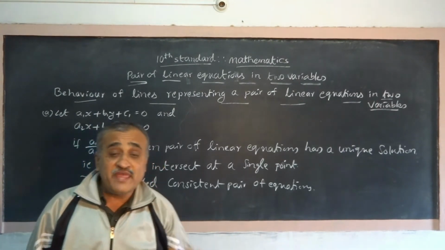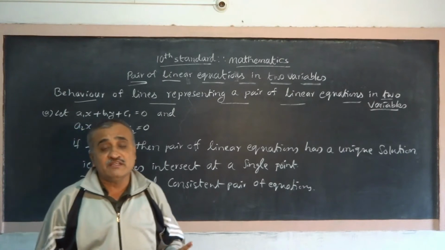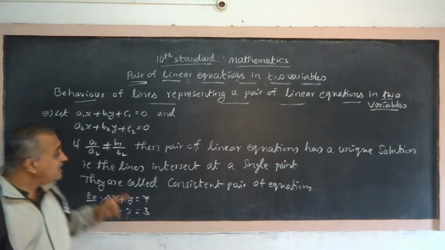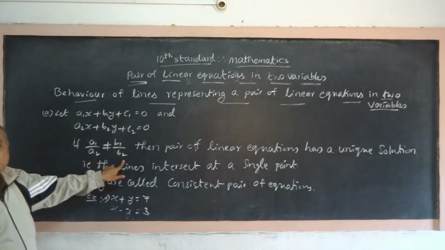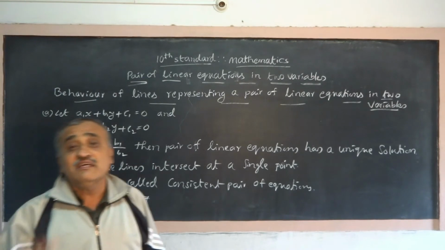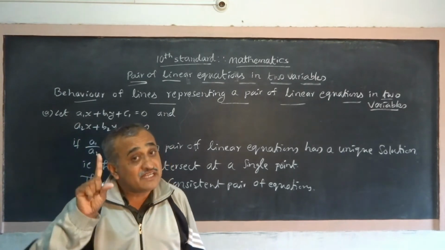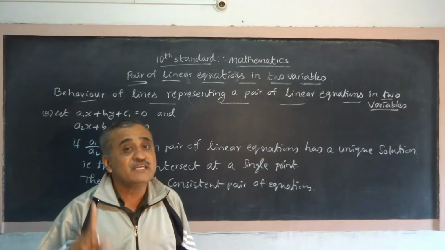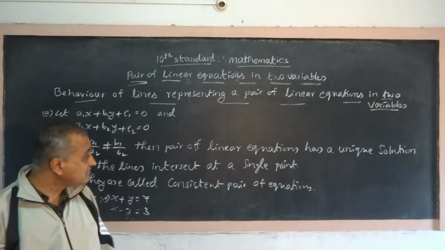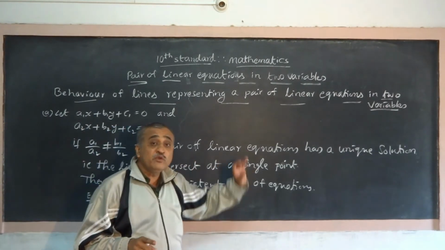That means they intersect with each other at a single point, and they have a unique solution.